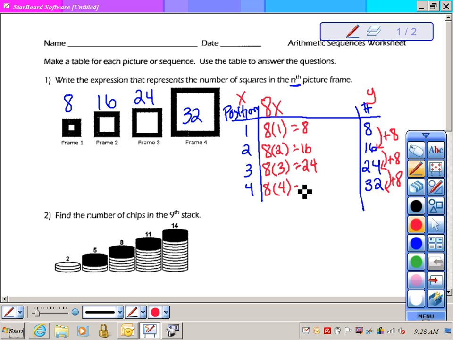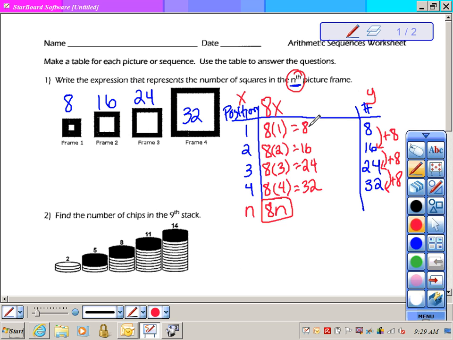And 8 times 4, 32. If I'm making it for the nth term, that's just a general rule. If I had position n, how would I figure that out? Times 8, right? So 8 times n. That's going to be my general rule.